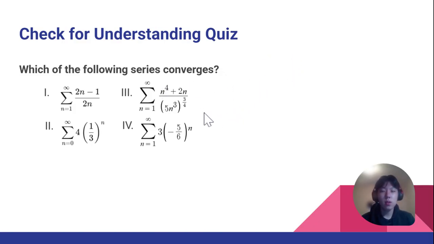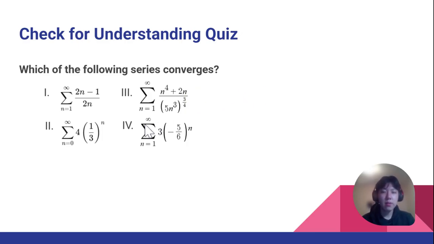Versus the largest term of the denominator, n to the power of 3 times 3/4. 3 times 3/4 is 9/4, and 9/4 is less than 4. So by that logic, the largest term on the numerator is a greater power than the one on the denominator. Therefore, the series is going to diverge because the terms get extremely, extremely large as n approaches infinity.